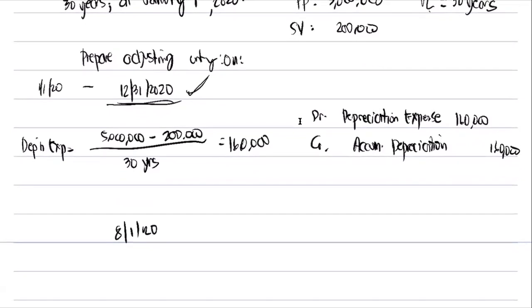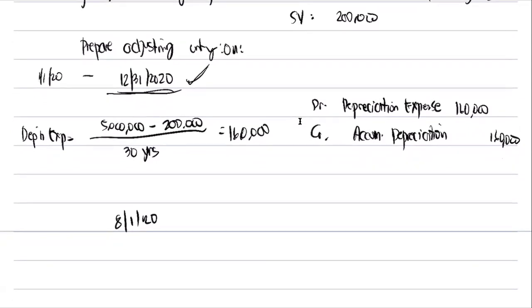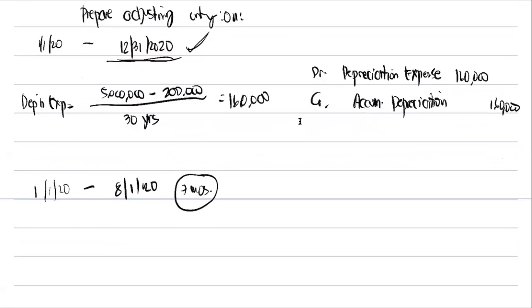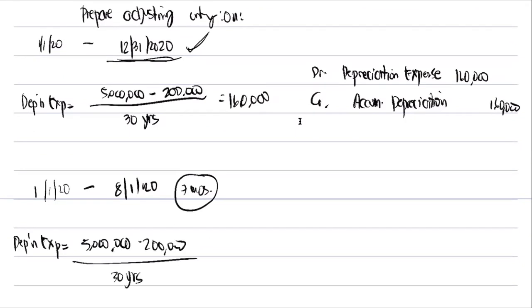How about if the depreciation is until August 1, 2020? So 1/1/2020 to August 1. How many months? January, February, March, April, May, June, July, 7 months. So to compute for your depreciation expense, it is equal to 5 million less the salvage value of 200,000 divided by 30 years multiplied by 7 over 12.